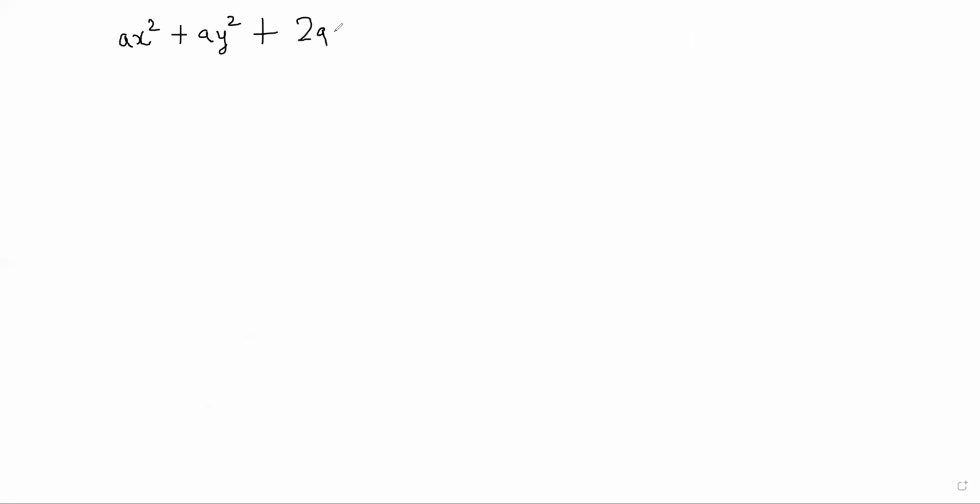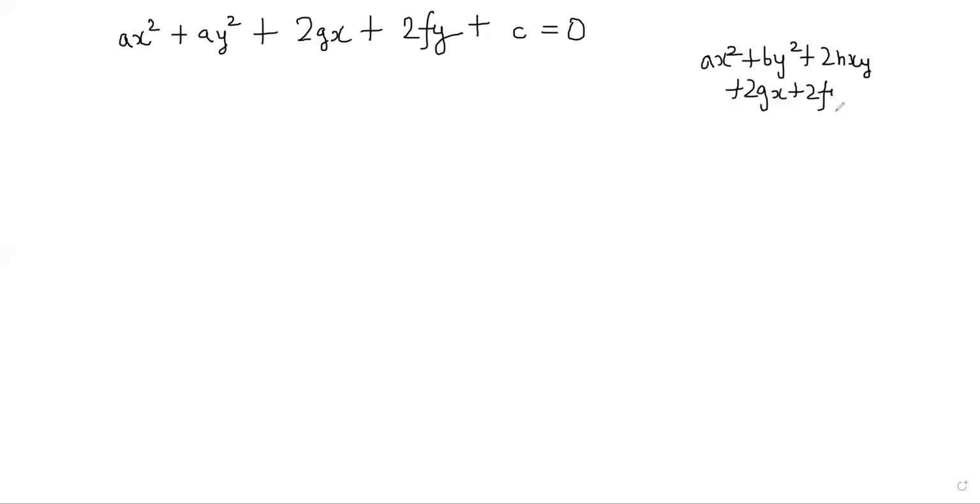I will just write 2gx plus 2fy plus c is equal to 0, right? Earlier the equation was ax square plus by square plus 2hxy plus 2gx plus 2fy plus c. I have just done a slight change. I have made b equal to a and I have put h equal to 0. So in that case, it will be a circle.